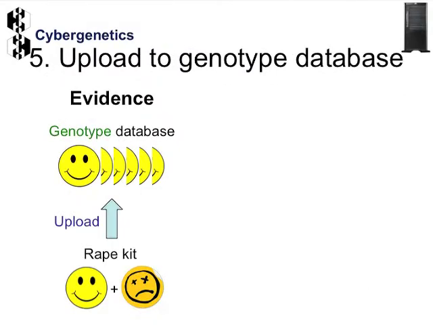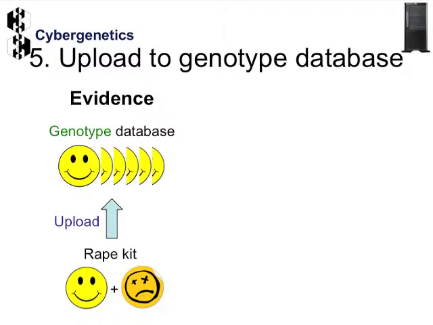Then these genotypes can be uploaded to a genotype database, not to the old style list of alleles, but to a 21st century database that represents information as genotypes that includes probability and knows how to work with it.